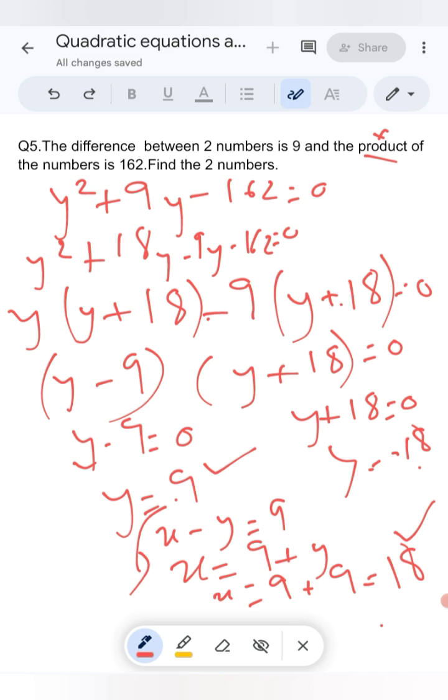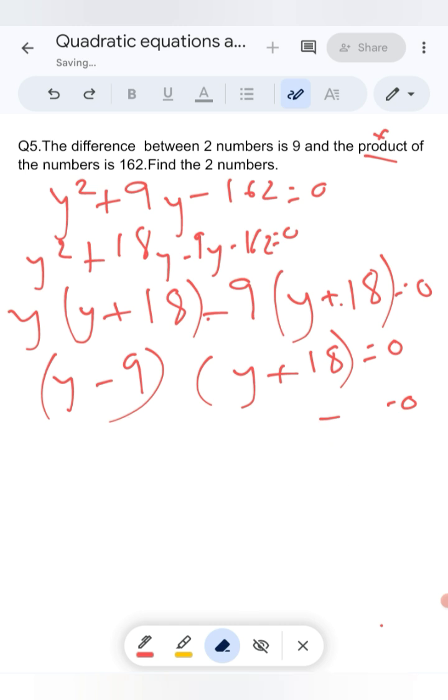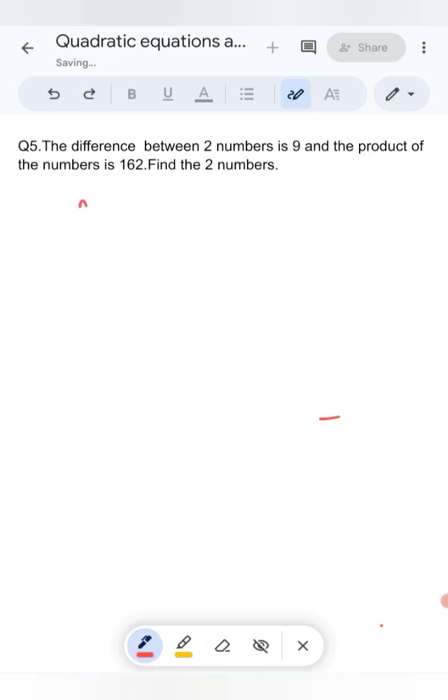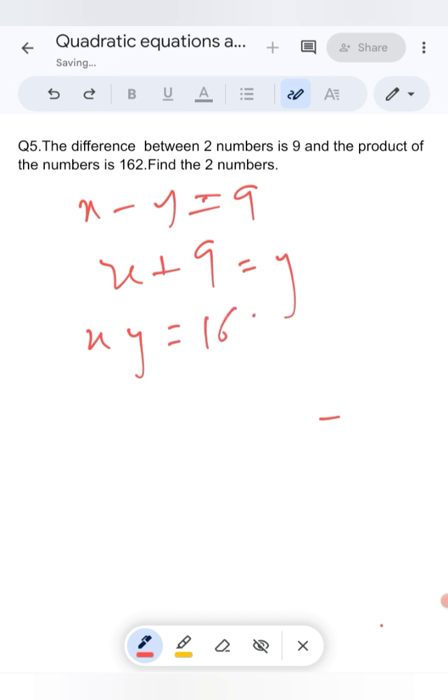Okay, remember, suppose you did not make x as your subject, you made y as your subject, which means that you took your equation like this. x minus y is equal to 9 was your first equation, and you made your subject like this. x plus 9 is equal to y, and then you are substituting in xy is equal to 162, in the place of y, x plus 9.